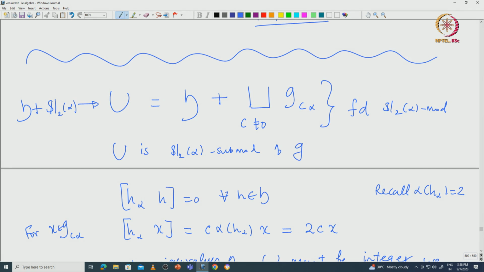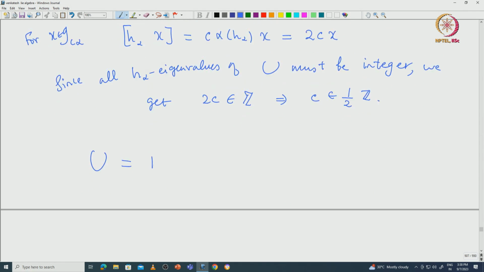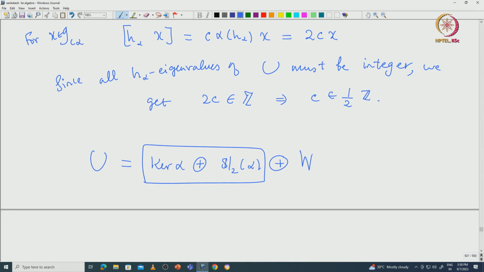We know how to decompose this H plus SL2 of alpha. That is already written as kernel alpha direct sum SL2 of alpha. So, let us say we have some more modules that are left inside U. This is a submodule of U, so let us say it has a complementary submodule, let us call that W.